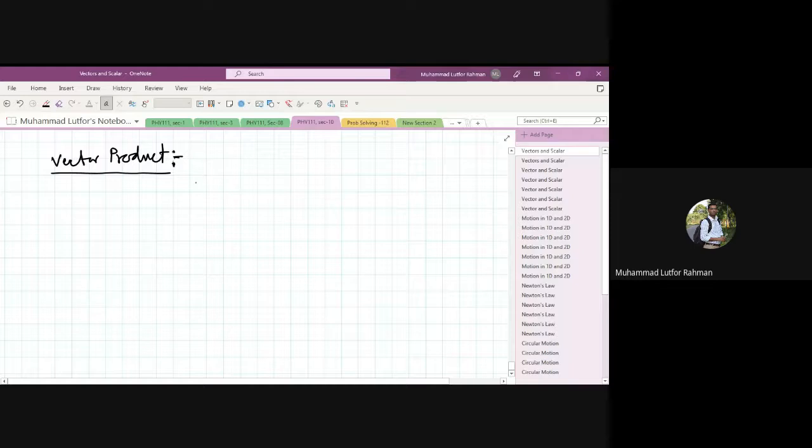You're talking about the dot product; let's think about the vector product.